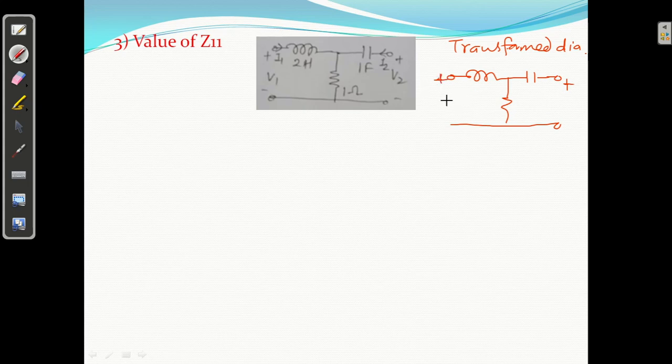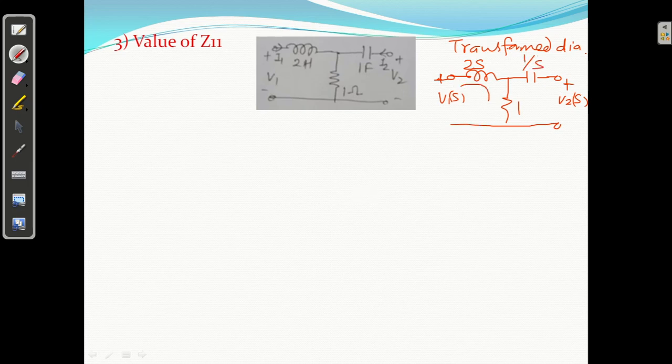This will become V1 of s, and this will be V2 of s. I am going to take the Laplace transform of this diagram. The resistor stays 1, L of 2 henry becomes 2s, and C of 1 farad becomes 1 upon Cs, which is 1 upon s. This is called the transform diagram.